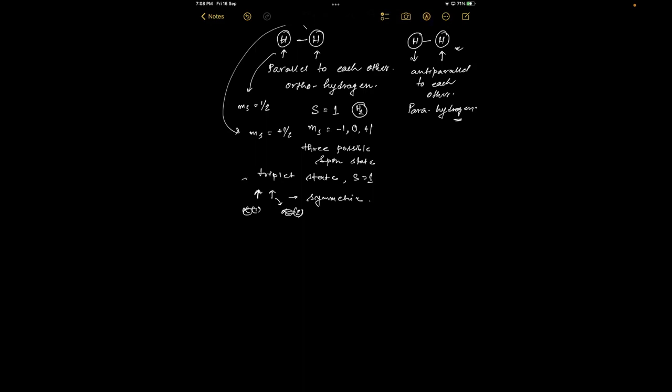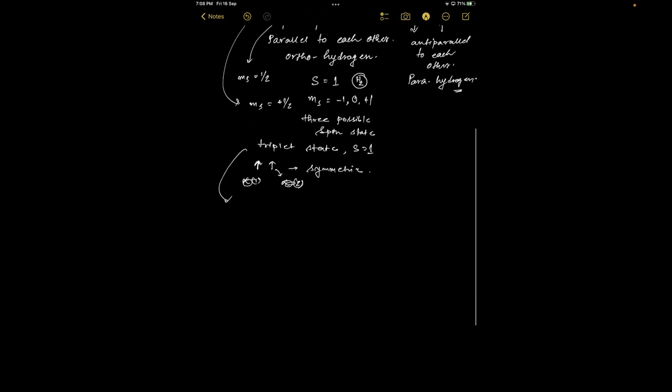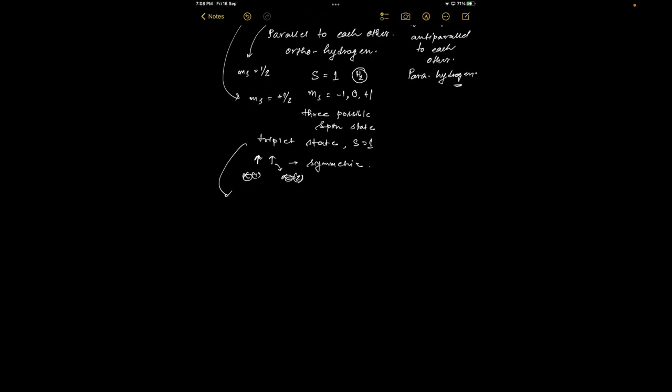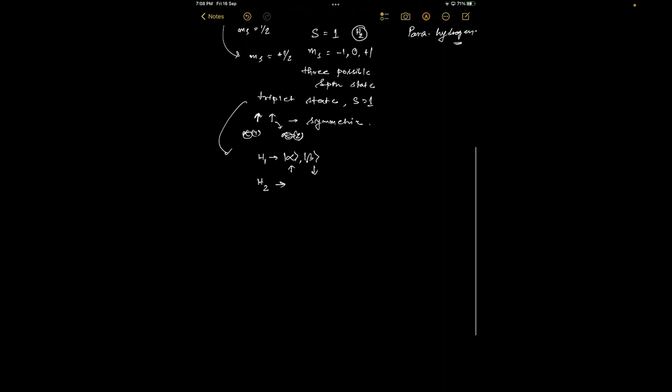Now if we write down the three possible spin states, that means the triplet state, the wave function will be as follows. For a hydrogen atom the possible spin states are alpha and beta. Alpha denotes the up spin and beta denotes the down spin. This is the spin wave function. For another hydrogen atom, let's say this is H1 and this is H2, the possible spin wave function is also alpha and beta.